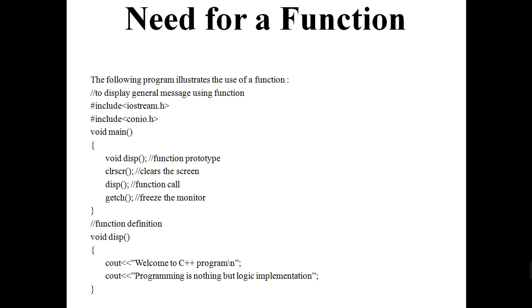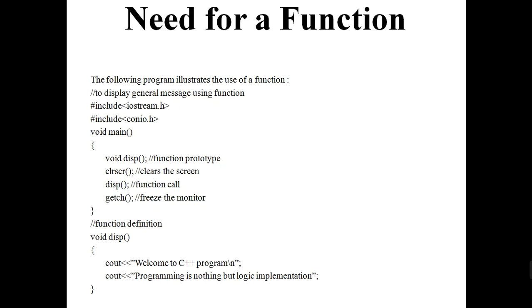Here is one program to illustrate the use of a function for displaying a string, that is welcome to C++ program. Program is nothing but logic implementation. This is the output for displaying it. Before main function, void main, the function prototype is there. The function prototype is return type, function name, then argument.